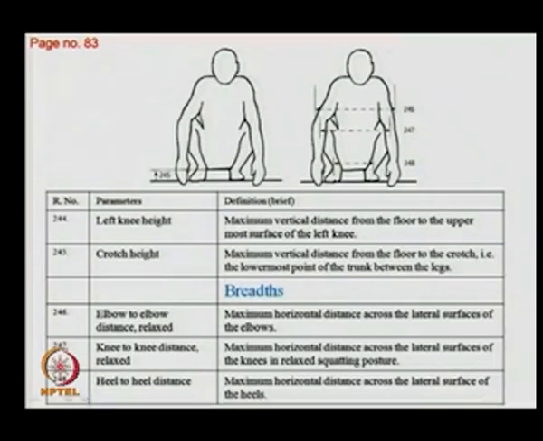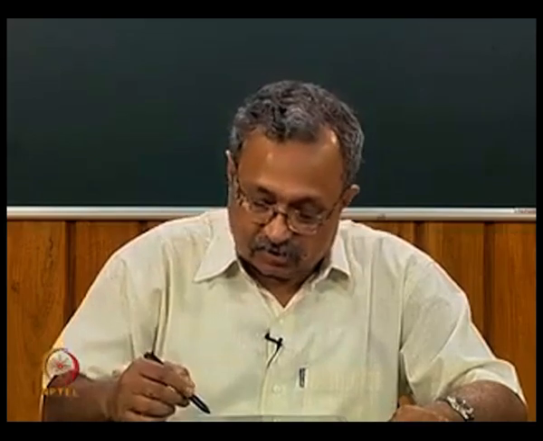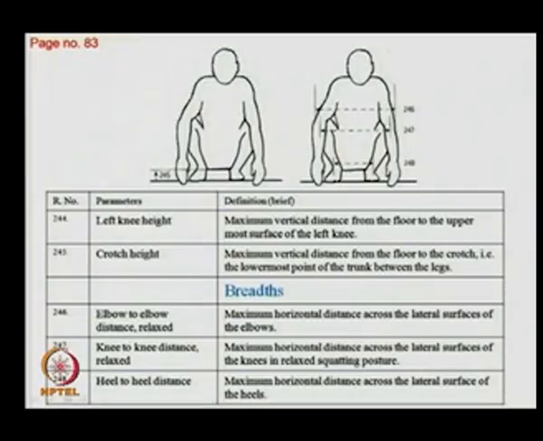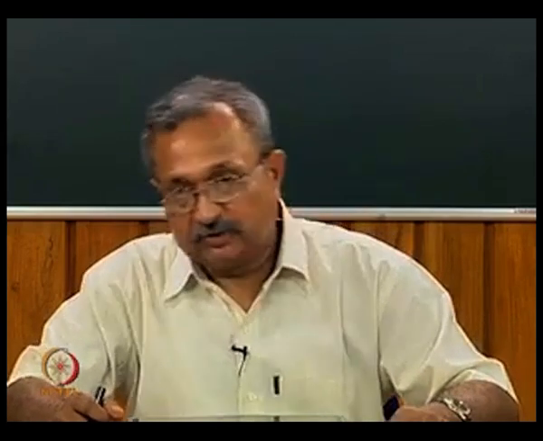Now, a specific requirement we can say is the crotch height. Crotch height is this height, where the lowermost body is. It is specifically necessary to have for a low sitting stool device design, and when the body is in different movements, what the variations would be is necessary.